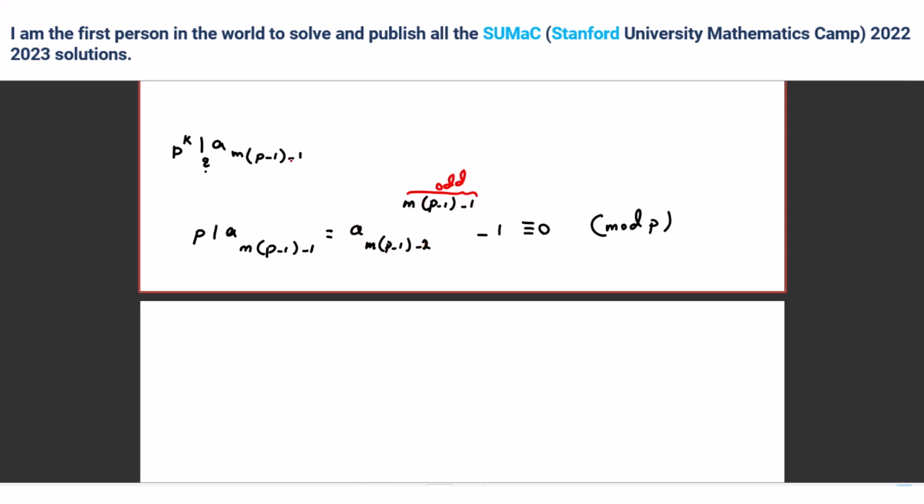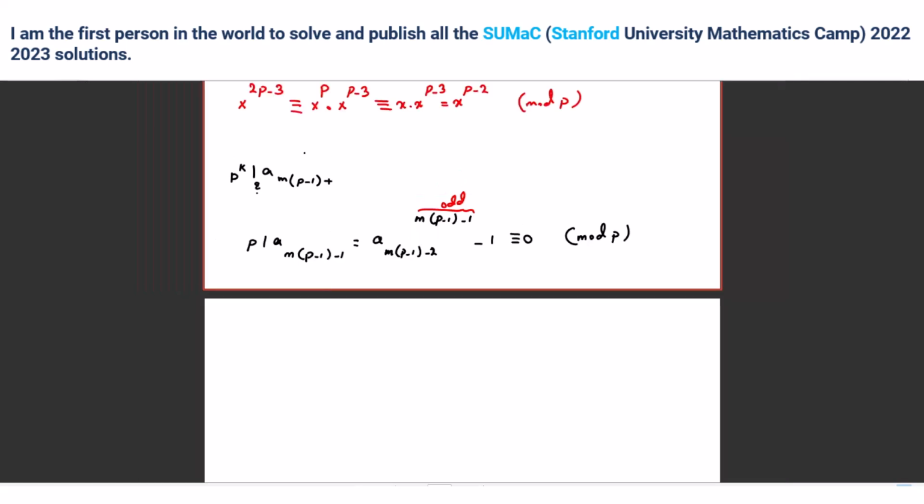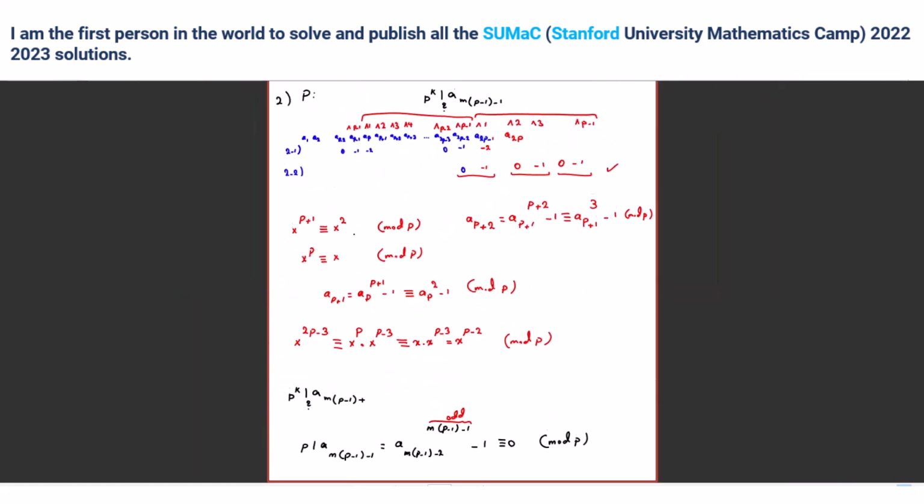So I prefer to write it as something plus something. So instead of minus 1, we can write it as mp minus 1 plus what? P minus 1 plus p. Plus p minus 2. Plus p minus 2, right?